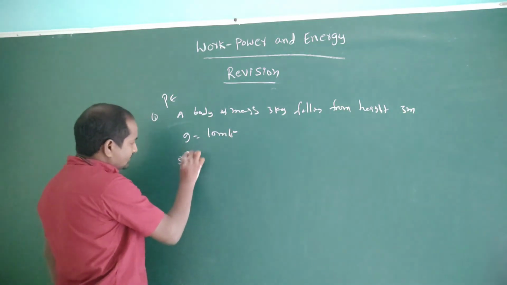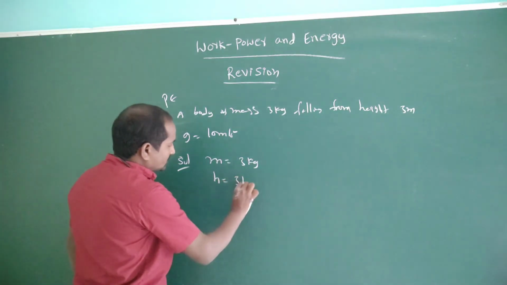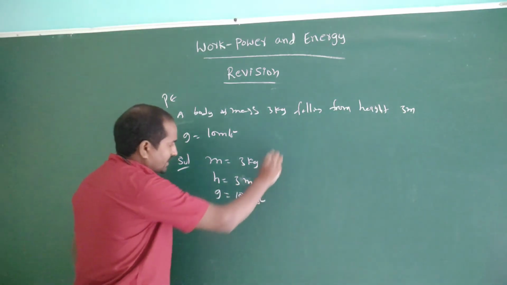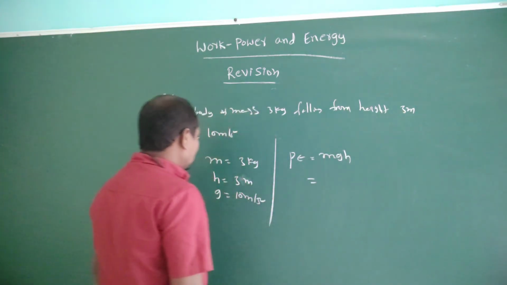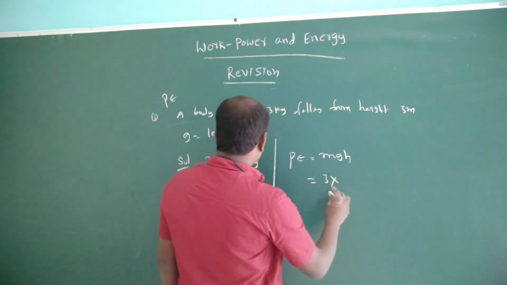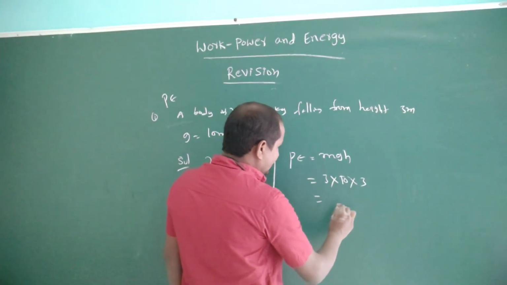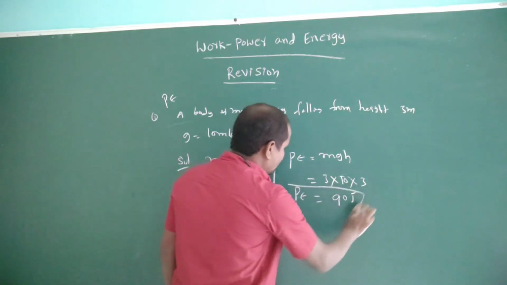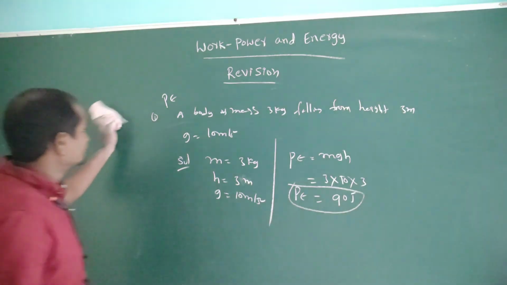The given values are mass m equal to 3 kg, height equal to 3 meters, and g equal to 10 meter per second square. Therefore P is equal to mgh, that is 3 into 10 into 3. 3 into 3 is 9, 9 into 10 is 90 joules. Potential energy is 90 joules.